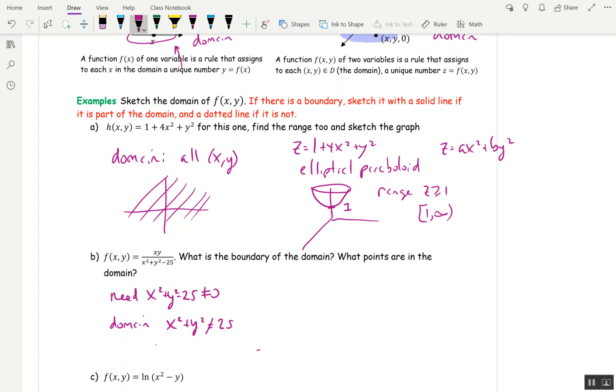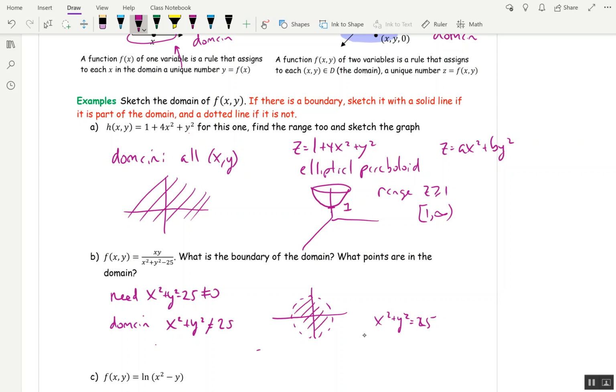So we can actually take a look at what the boundary of the domain is going to be: the circle x squared plus y squared equals 25. And so that's a circle of radius 5. That's the boundary of the domain. And we want all xy except for the points on that dotted line. So anything inside the circle is fine.